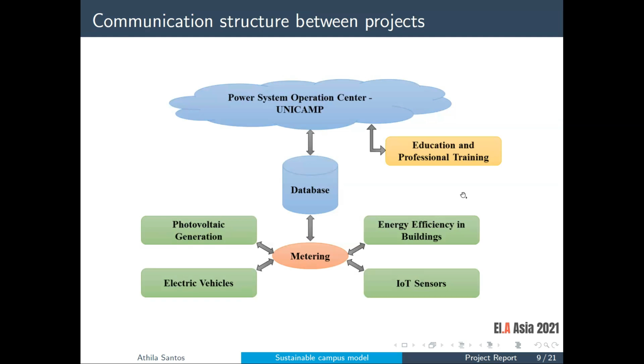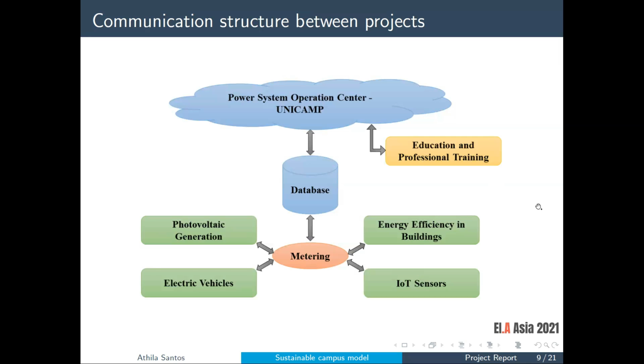I think it is quite common to have this infrastructure in IoT systems, but it's interesting to see how these large-scale implementations can be done on a campus the size of UNICAMP.